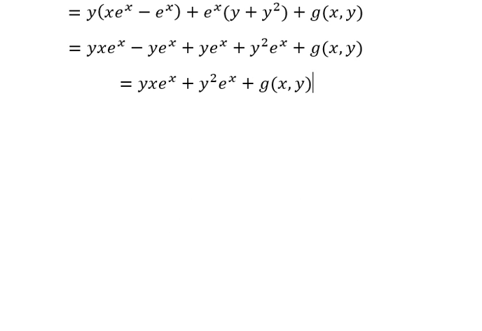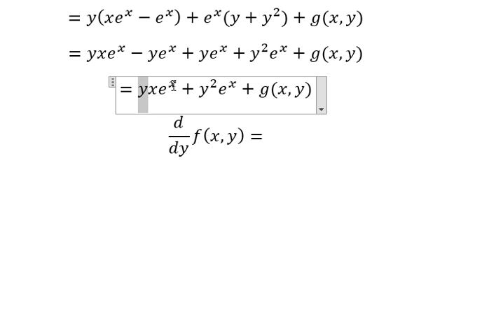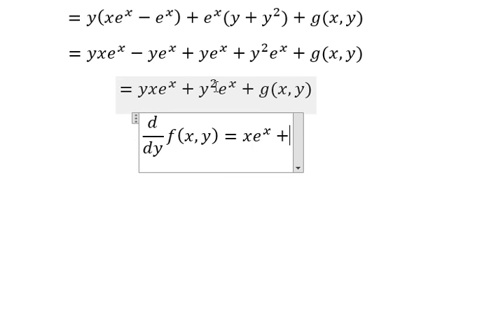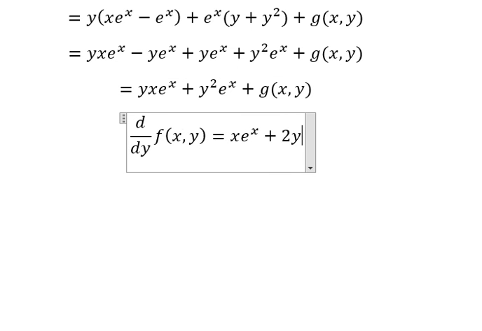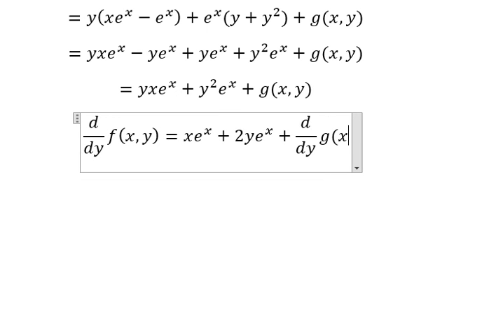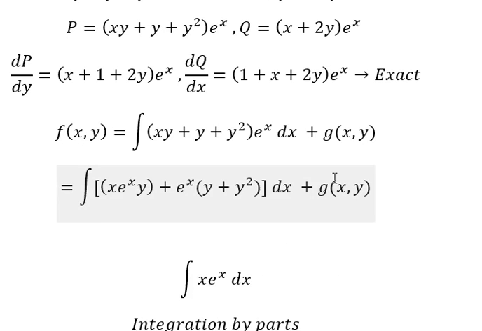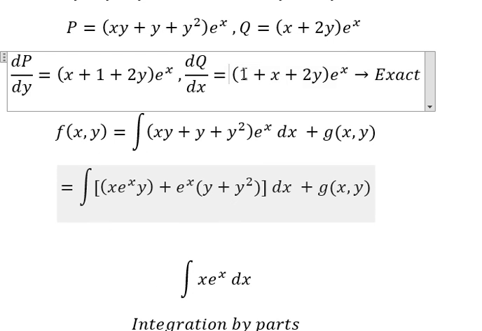Next, we need to do the derivative of the function with respect to y for both sides. So we have y in here, so we have s e to the power of s. This one we have 2y. And we know that everything in here equals to this one.